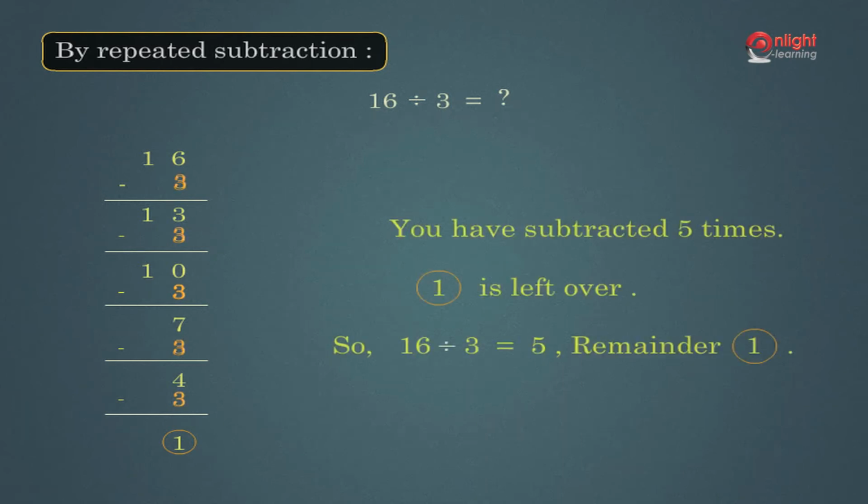You have subtracted 5 times. 1 is left over. So 16 divided by 3 equal to 5, remainder 1.